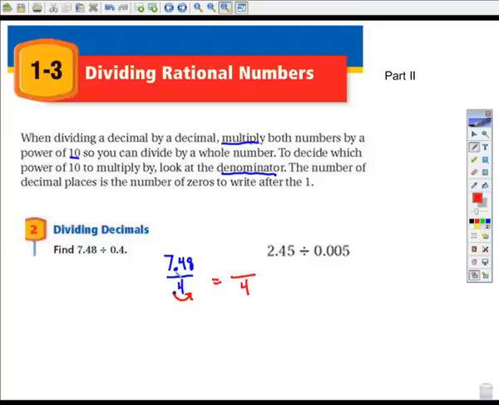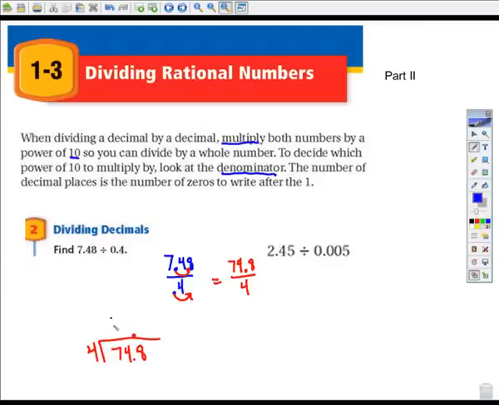And then we have to do that also in the numerator. So this decimal is going to become 74 8/10. So now we can simply go 4 divided into 74 8/10, and now we can just bring the decimal up and divide.